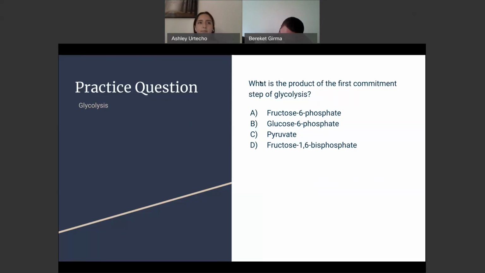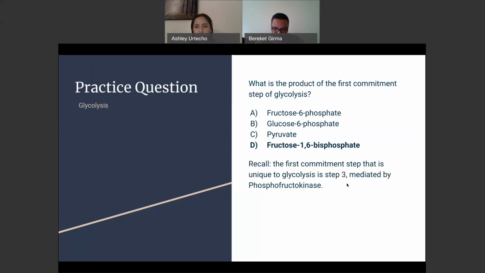You can remember the product this enzyme makes by looking at its name. With phosphofructokinase 1, you have a phosphorylated fructose, and you phosphorylate it on the 1 carbon, making fructose 1,6-bisphosphate.